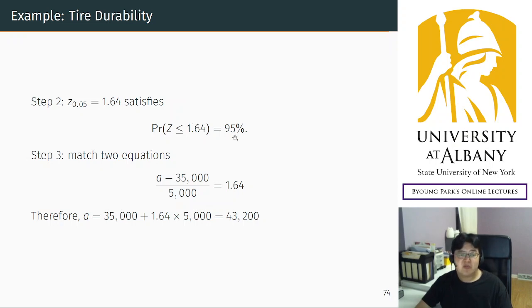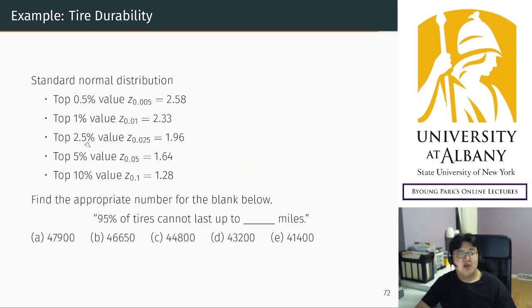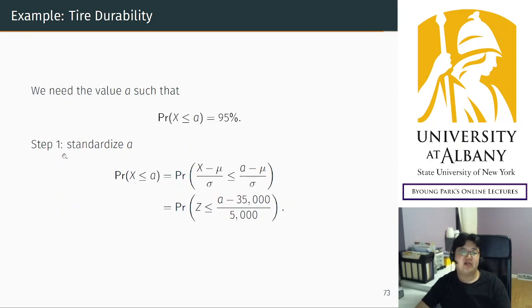And remember, 95% of tires are below this point, which means this point is the top 5% value. And remember, the top 5% value was denoted this way and was given as 1.64 in the question. So we are looking for the top 5% value.